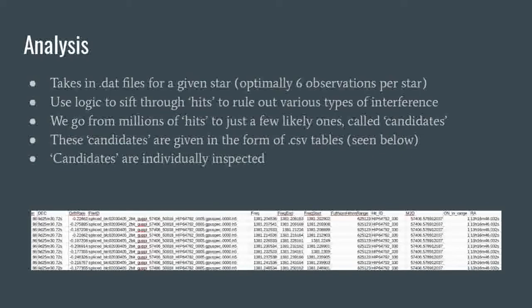Now, there will only be a handful of candidates generally, and so each one needs to be and can be individually inspected. So far, the candidates mostly have been satellites or local transmitters that are kind of strange enough to sneak through the algorithm. But hopefully one day we will be able to find ET with these techniques.